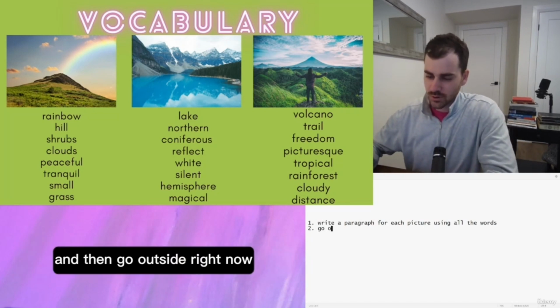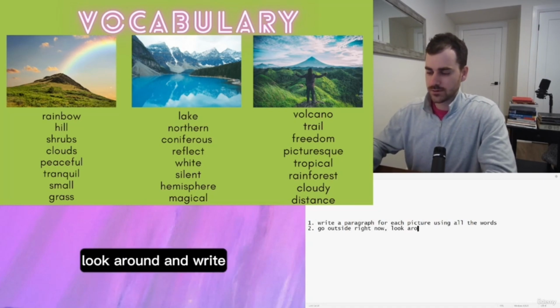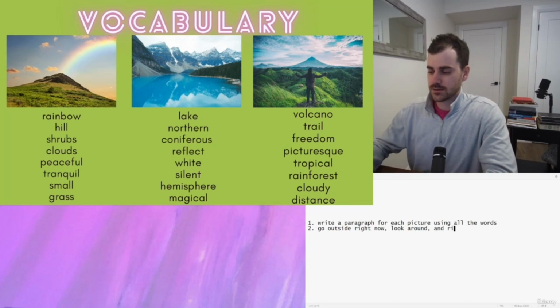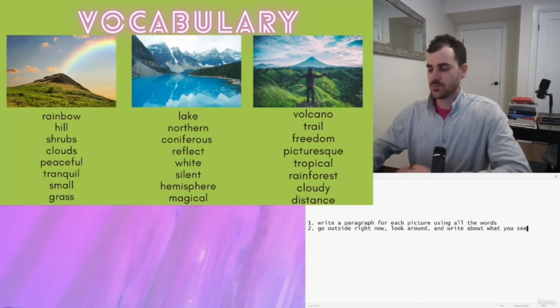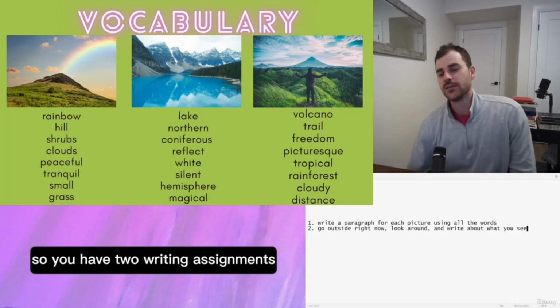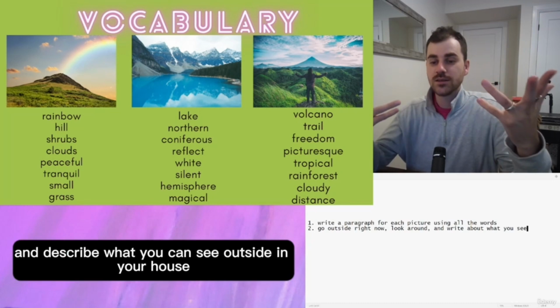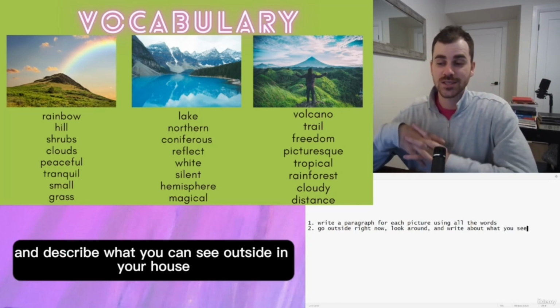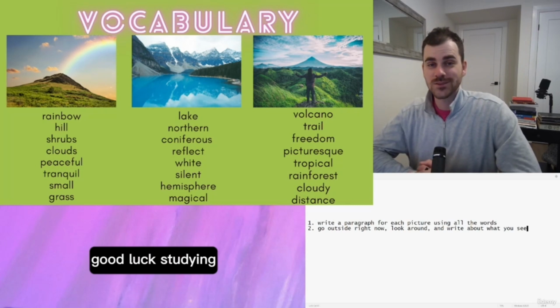And then go outside right now, look around, and write about what you see. So you have 2 writing assignments. Describe these pictures and describe what you can see outside in your house. Thanks for watching. Good luck studying.